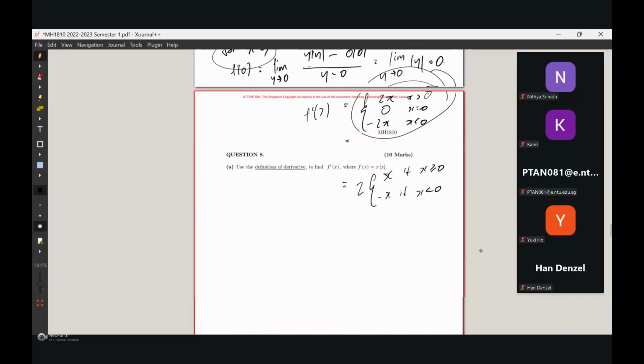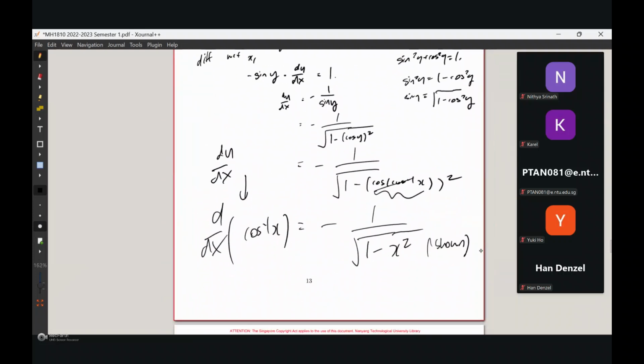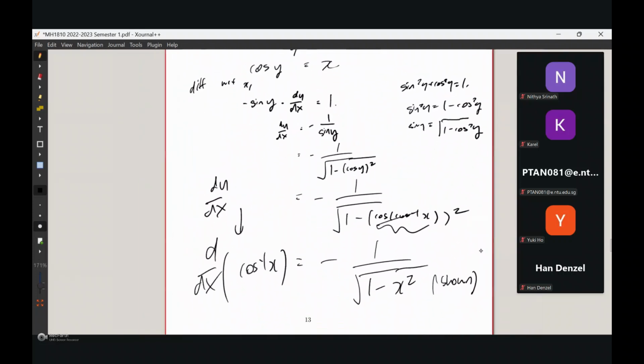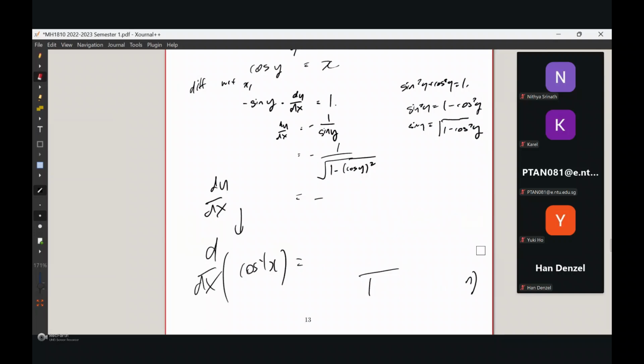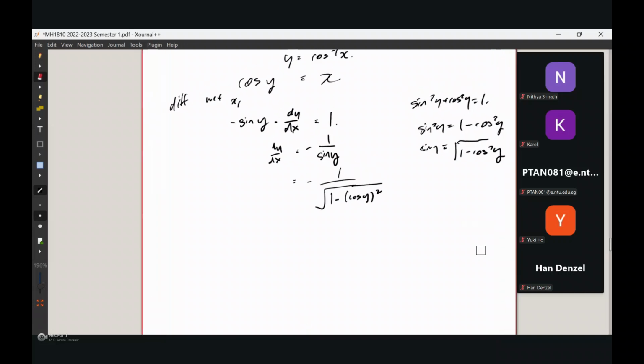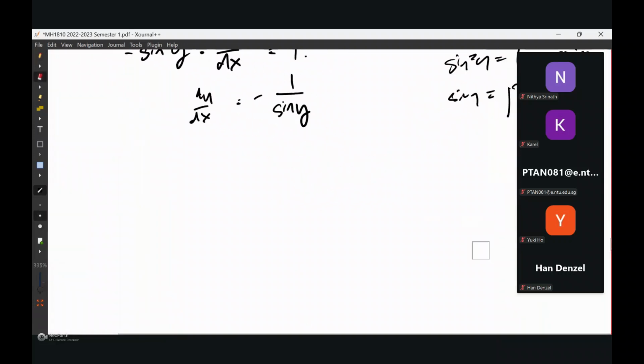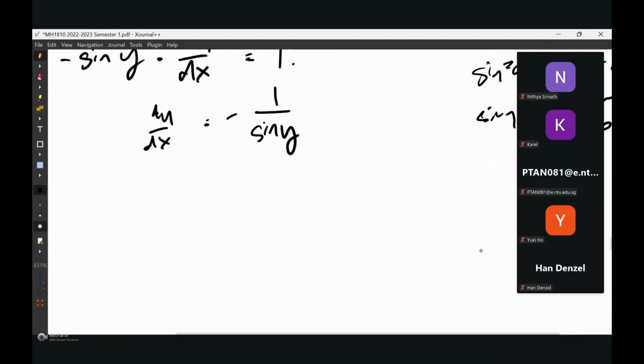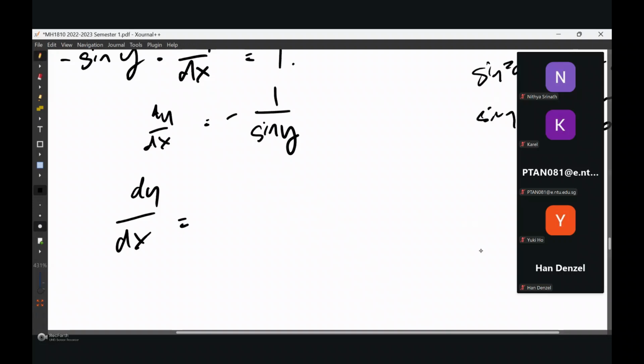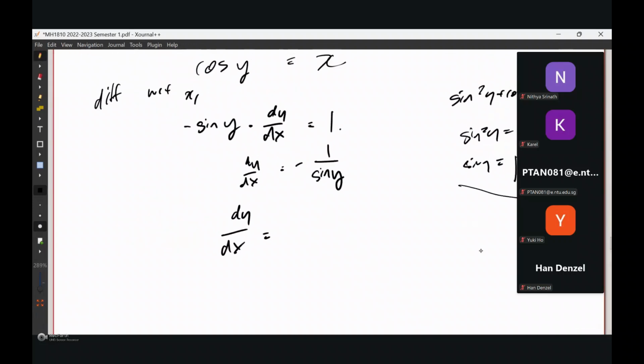Okay. So I can explain the last 3 steps for B. Maybe we erase everything here, then explain again. First, dy/dx is equal to negative 1 over sine y. So sine y is given here, and I'm just going to do a substitution.